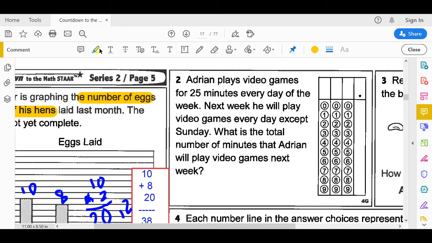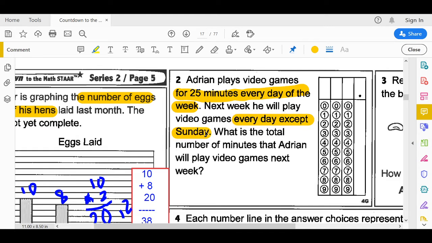So we have the question: Adrian plays video games for 25 minutes every day of the week. Let me just highlight that. For 25 minutes every day of the week. How many days are there in a week? We know there are 7 days in a week. Next week, he will play video games every day except Sunday.